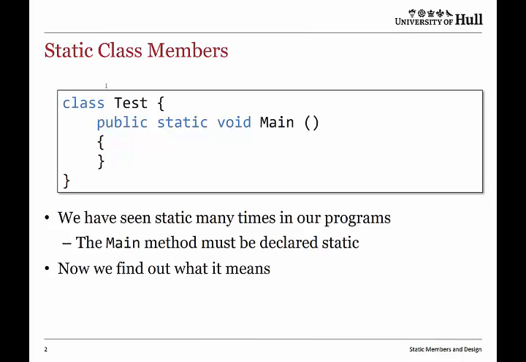So an account balance only exists when we've got the account, right? But the main method and all these static chums exist all the time. They're like the planet Jupiter. They're like the crackle on the radio. They're never going anywhere. They're there right from the start when your program runs.